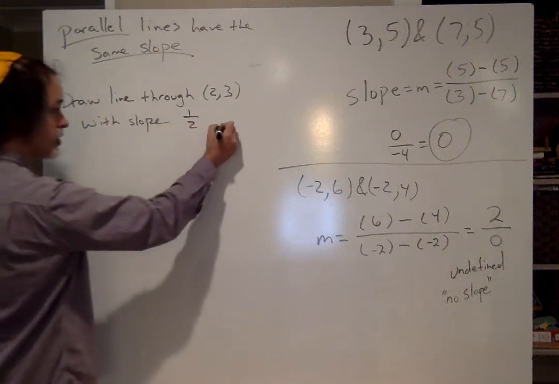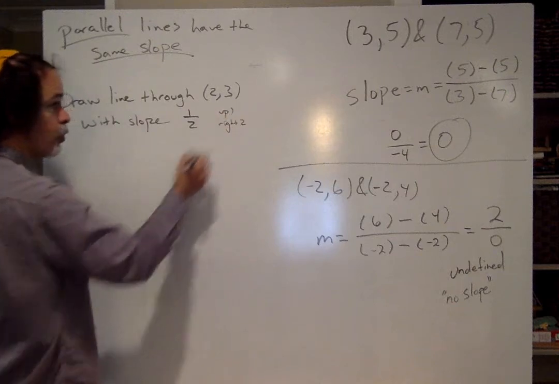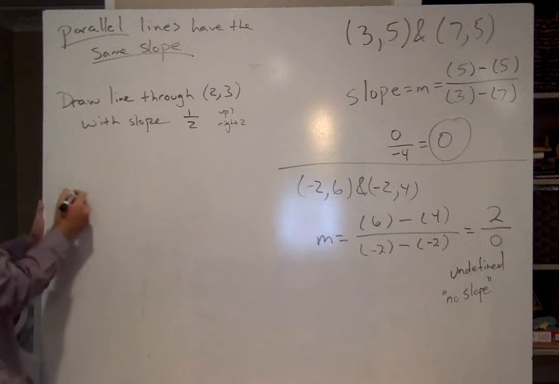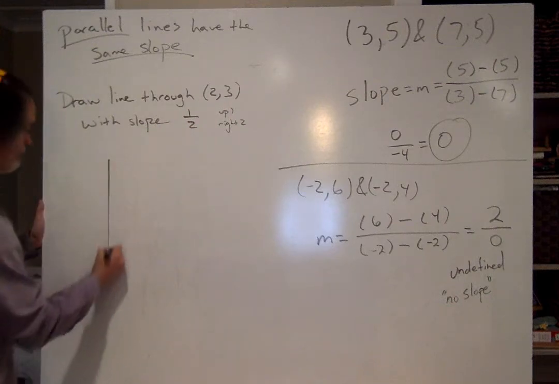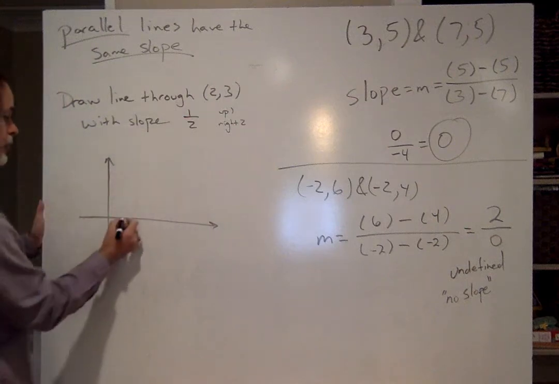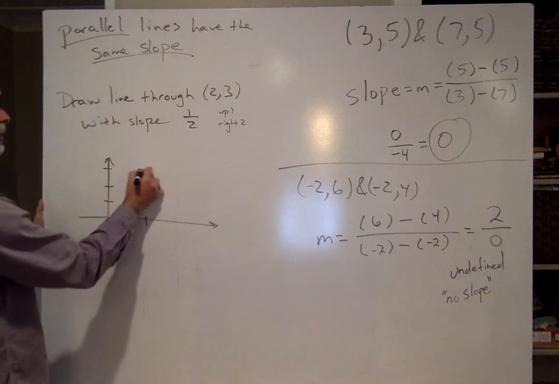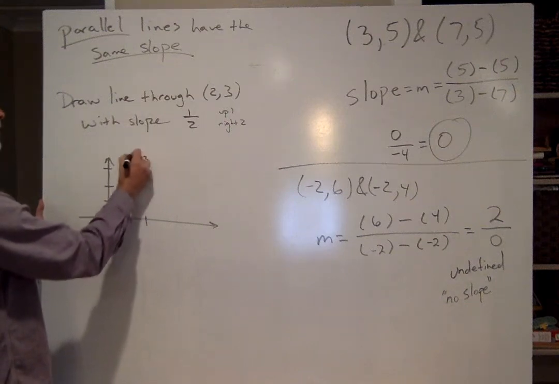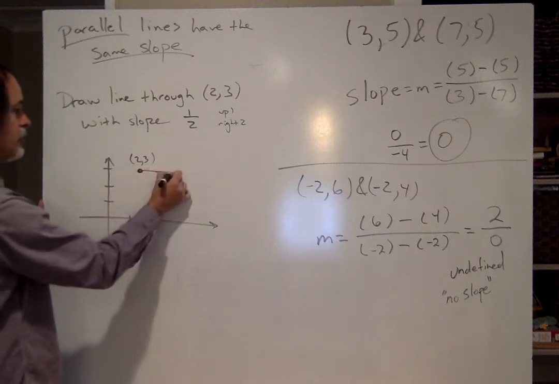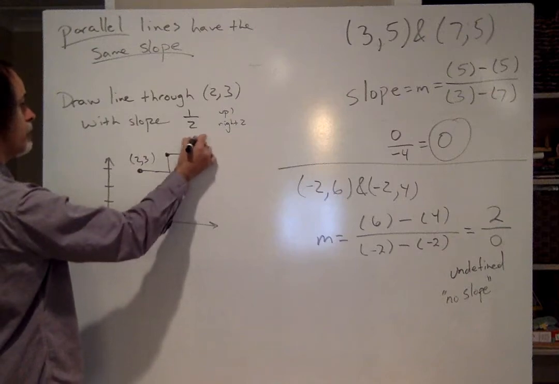So this means right 2, up 1. Rise over the run. Pretty straightforward. Just draw the point (2, 3): 1, 2 on x, 1, 2, 3 on y. There's the point (2, 3), and it has slope 1/2, so I go right 2, up 1, right 2, up 1.